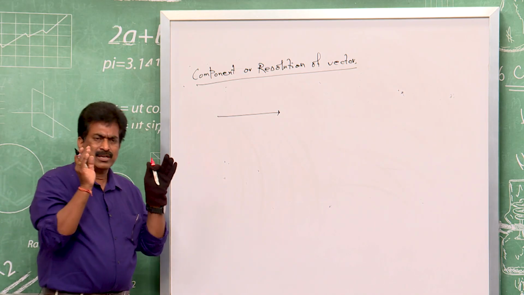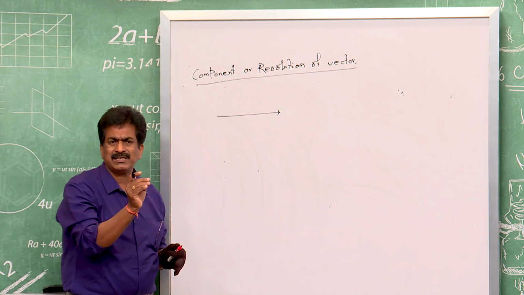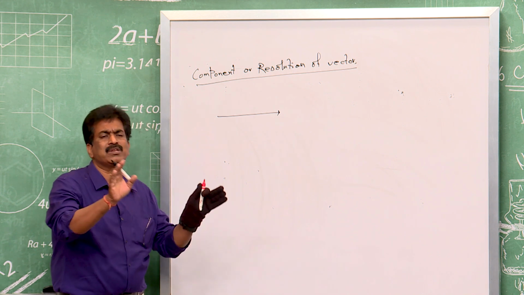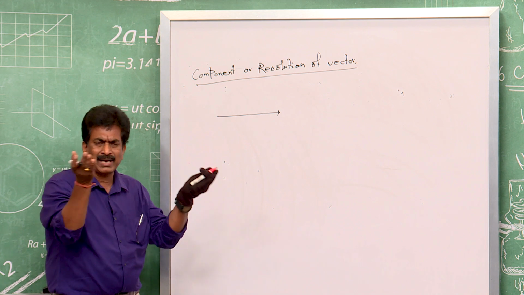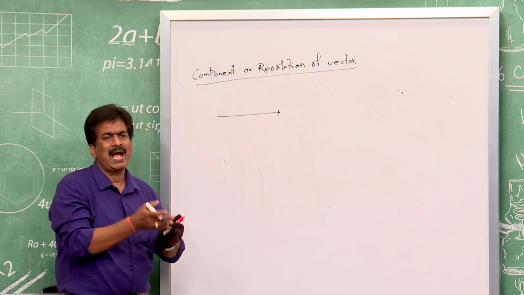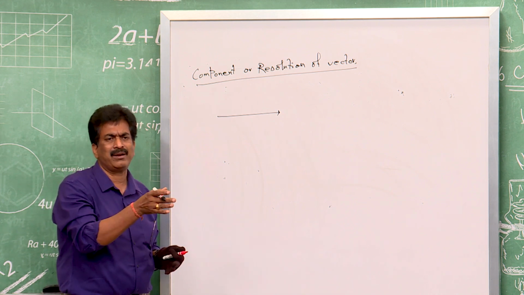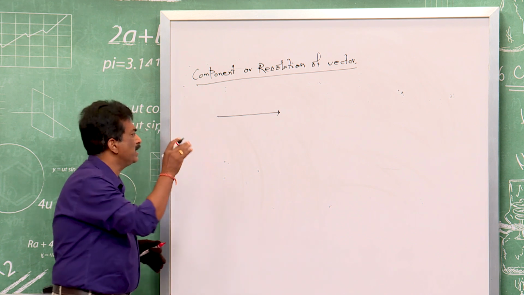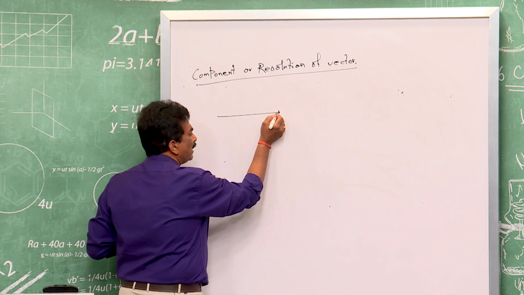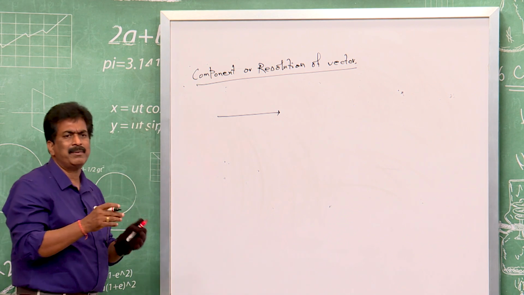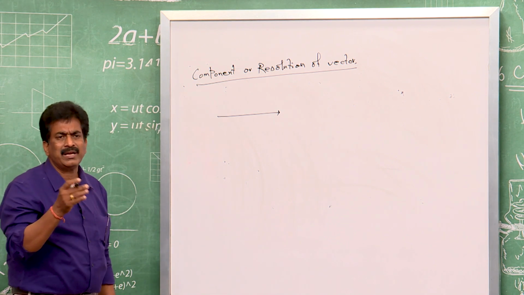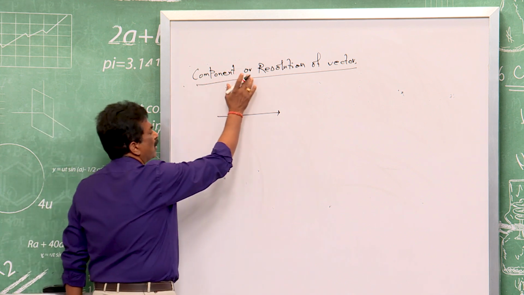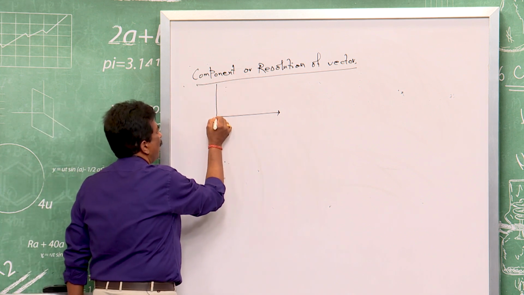Suppose any instrument has different parts. Suppose it has 10 parts, and those 10 parts are separated, and when all those 10 parts are taken together and arranged in the same manner as they should be, then that will be the instrument. Similarly, if a vector is there, and it is resolved into different parts, then that type of resolution is known as its component.